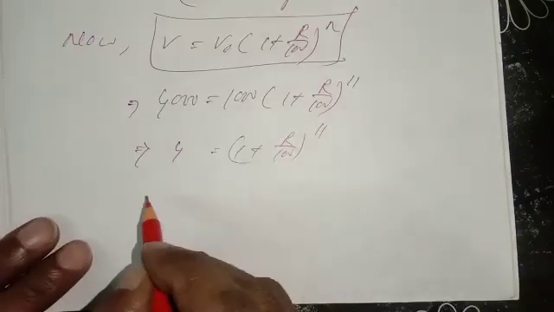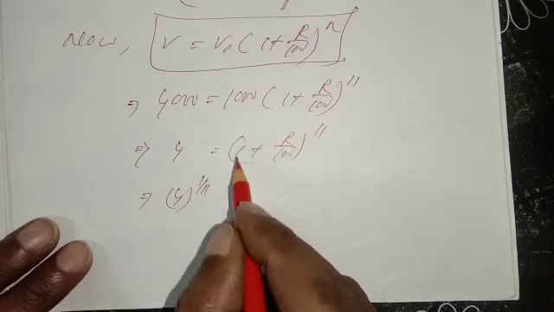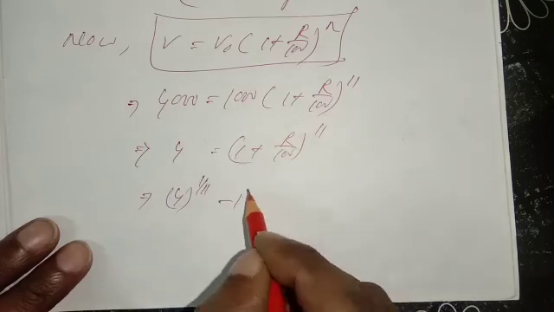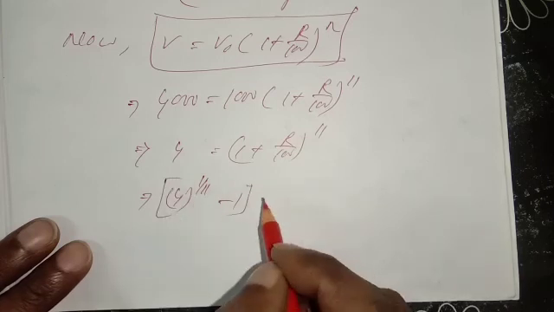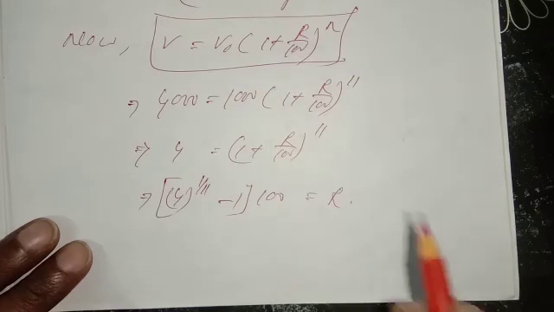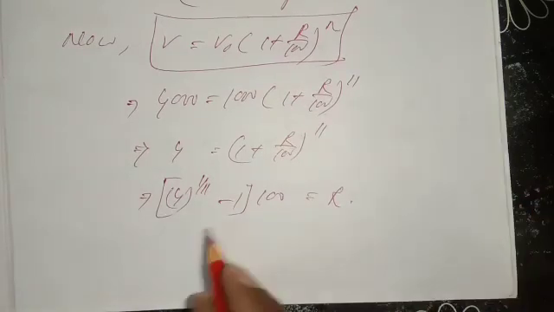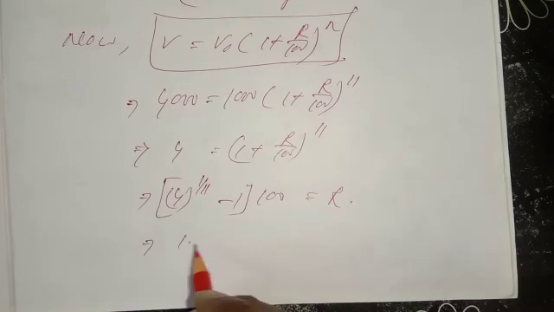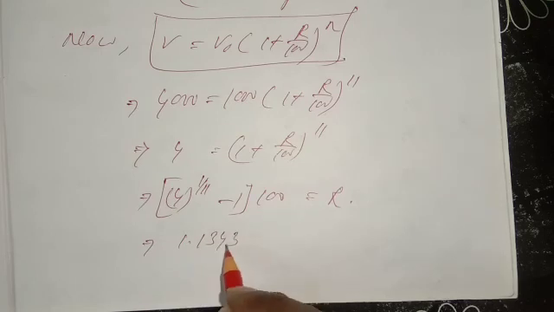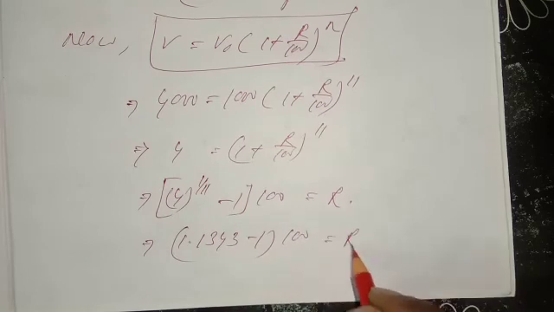That means R is 4 to the power 1 by 11 minus 1, whole into 100. 4 to the power 1 by 11 is about 1.1343. 1.1343 minus 1, into 100, will give you the rate.